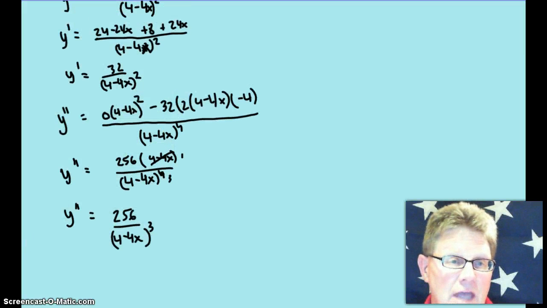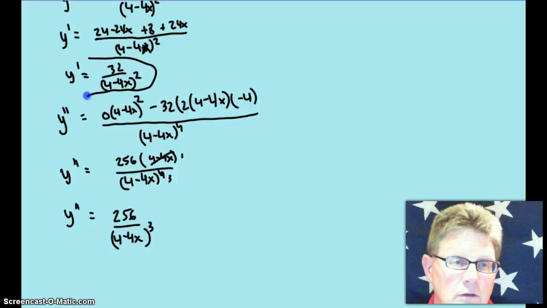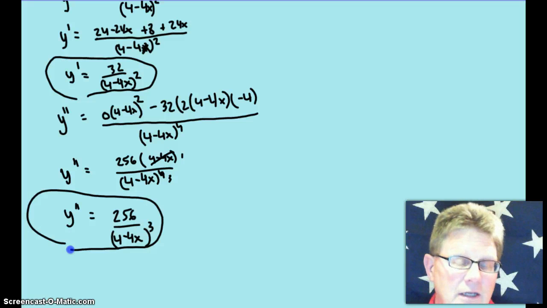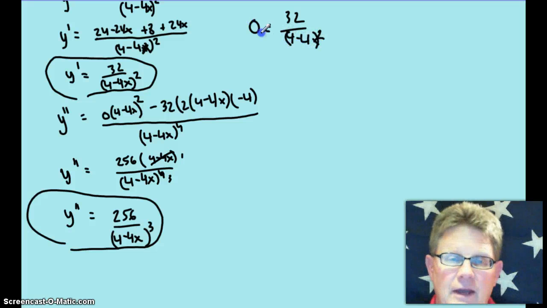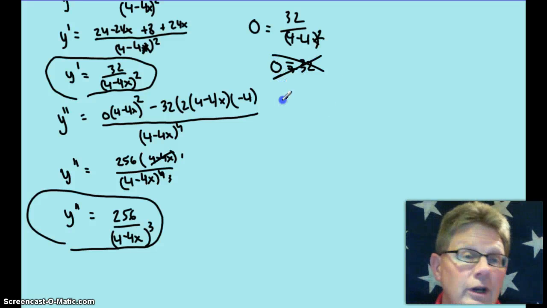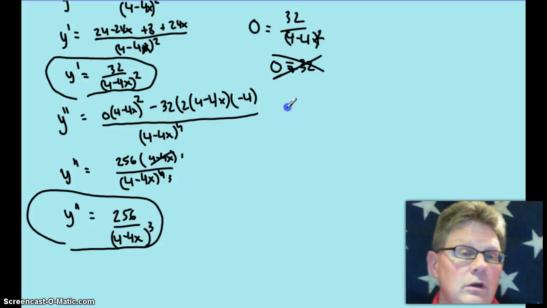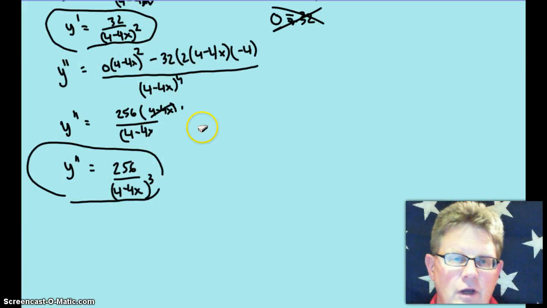Alright, now as I try to set either of these functions equal to 0, I'm not going to get any x's. Go ahead and watch. 0 equals 32 over 4 minus 4x quantity squared. Multiply both sides by that or cross multiply and you're going to get 0 equals 32. That is a contradiction. However, critical values can also be found where the function is undefined.